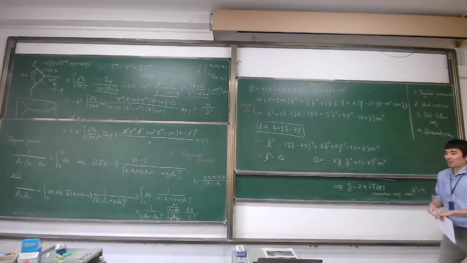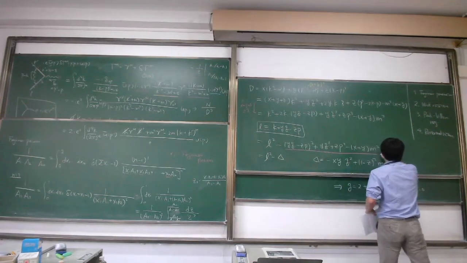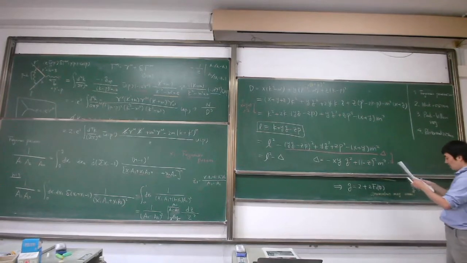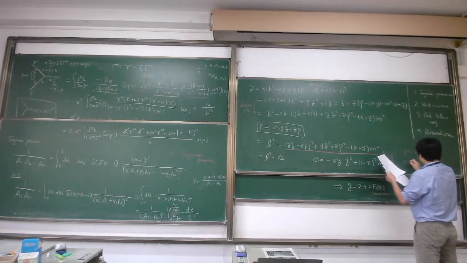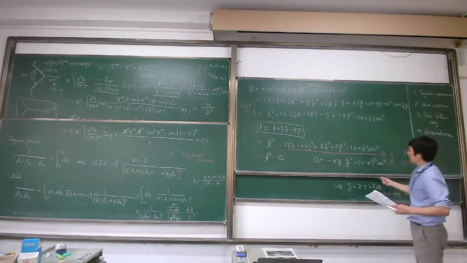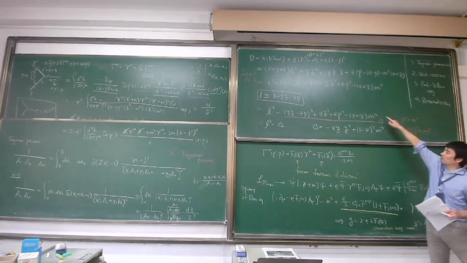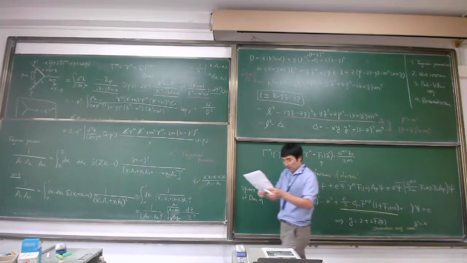So I call this one delta. From this step to this step, you have to use p squared equal to m squared. I mean, it's a good exercise from top to bottom. I'm not going to explain all the detail. So you should fill out the calculation.